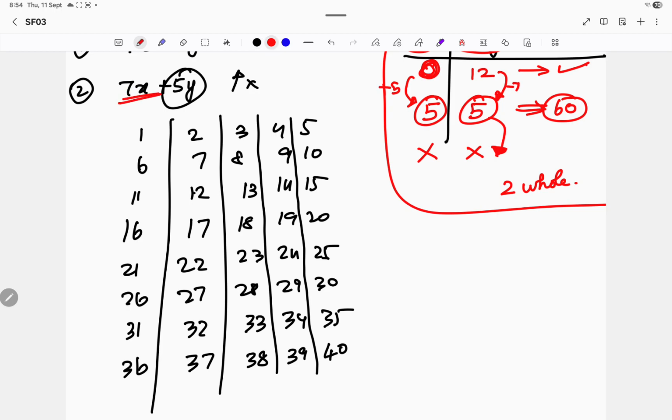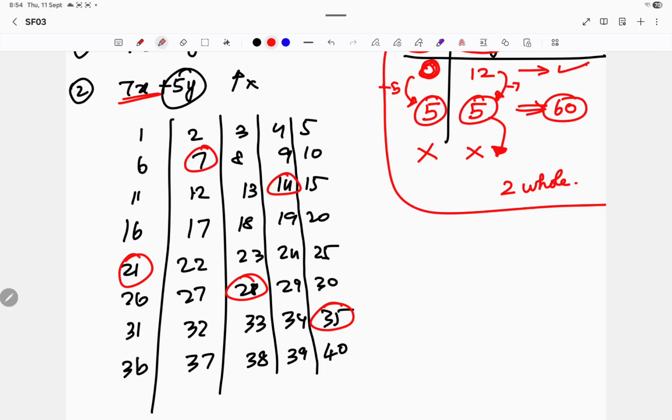Now let me highlight all the 7 multiples here. So this is a 7 multiple, so that can be expressed. This is a 7 multiple, that can be expressed. This is a 7 multiple; just using 7x, I'll put y equal to 0 and I can express it. This can be expressed, this can be expressed, and with this I have expressed at least 1 value in all the columns.